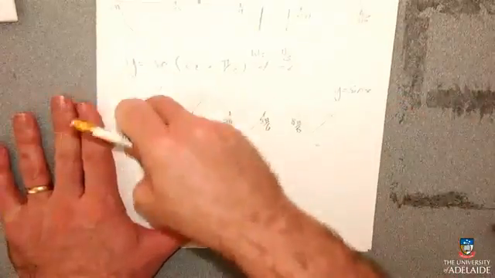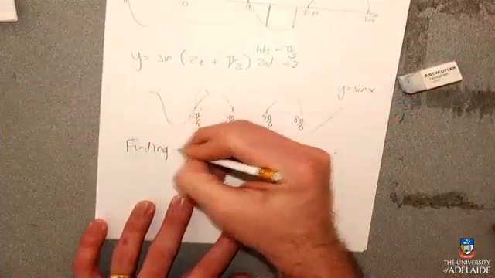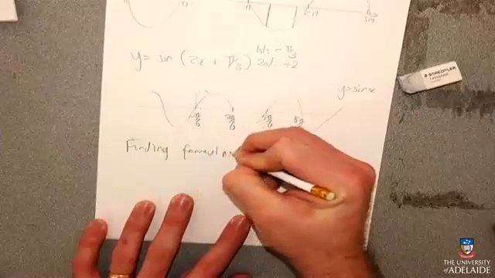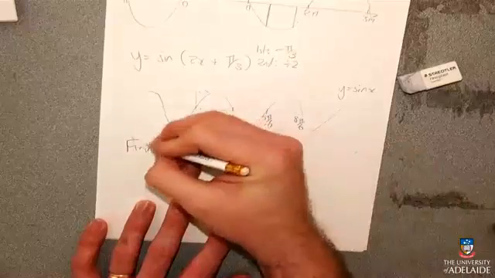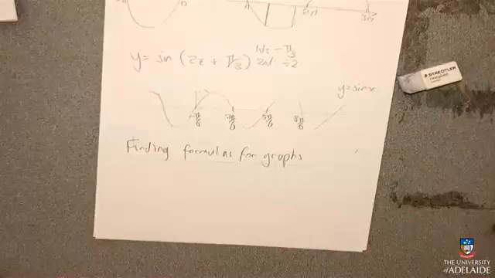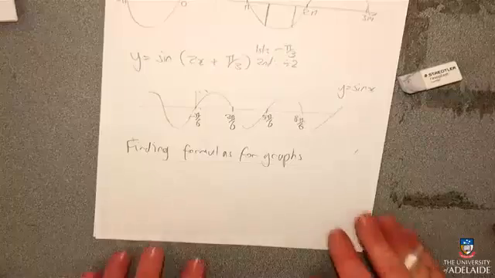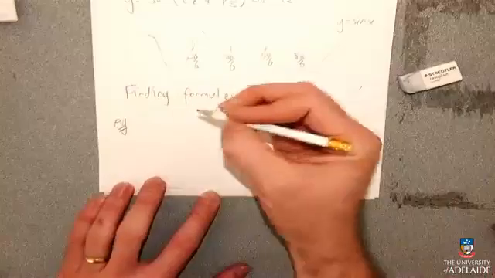So finding the formula. We're going to find some formulas for graphs. Okay, so we just have to do this process backwards. And part of it was already backwards, but, you know, deal with that. So I guess the best thing is to do an example.